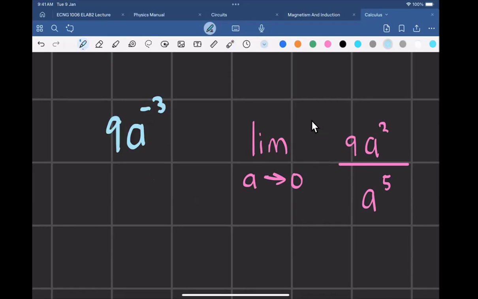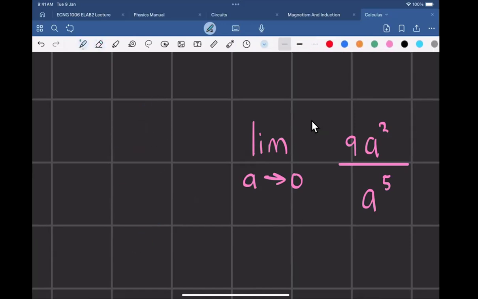Anytime you have negative powers, can somebody tell me what negative powers are? Fractions. Yeah, fractions. So Kira, I could write this as 9 all over a cube. Could write it as 9 over a cube.